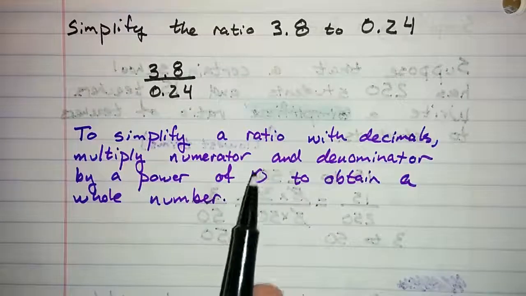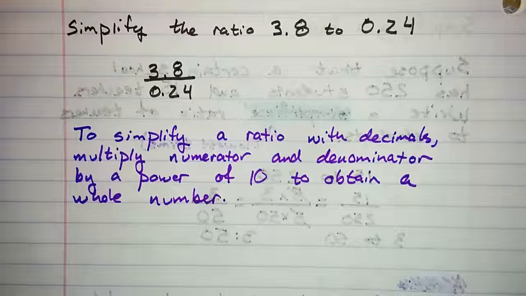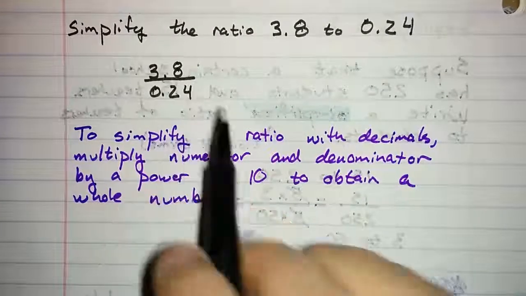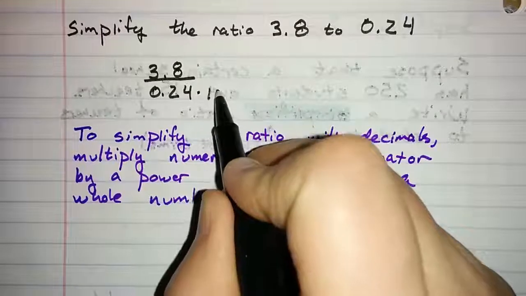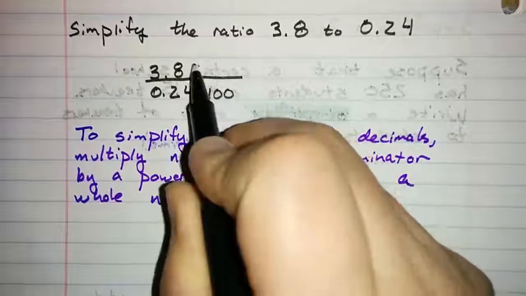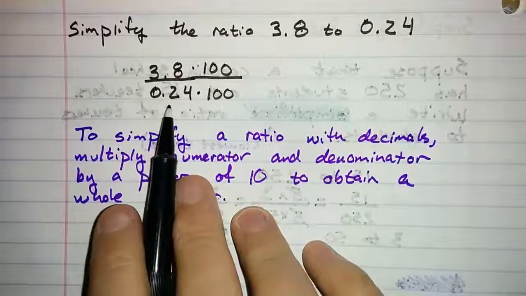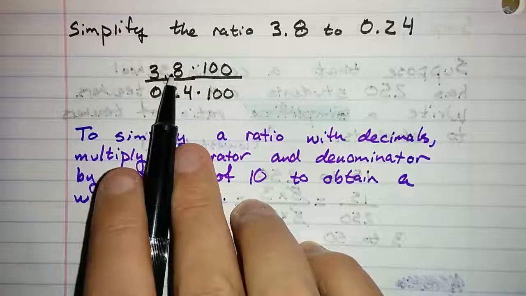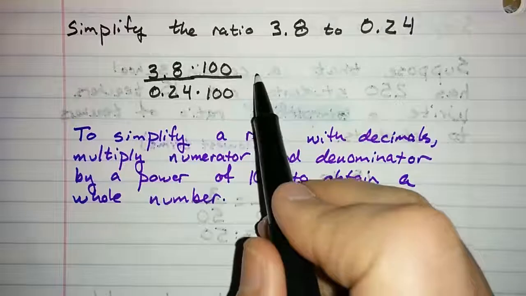I'm going to multiply the numerator and denominator by, of course, the same power of 10, so that they're both whole numbers. Here I have hundredths, here I just have tenths. I need to multiply both by 100. I need to multiply the denominator by 100 to get a whole number. I have to multiply the numerator by the same thing.